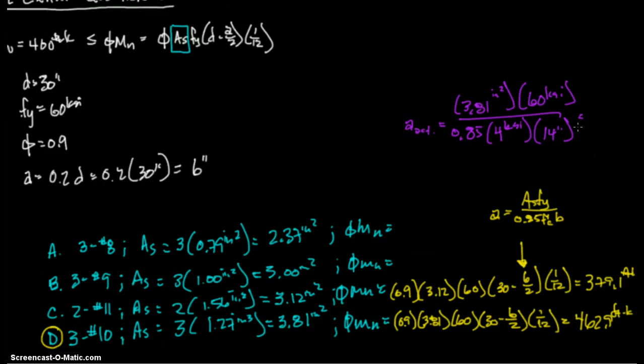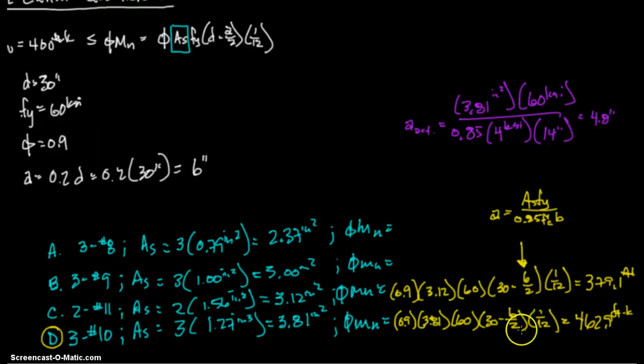Because this equation is all based on the tension side as opposed to the compression. 3.81 times 60 divided by 0.85 divided by 4 divided by 14. And we get 4.8. So as you can see, our actual is a little bit different.